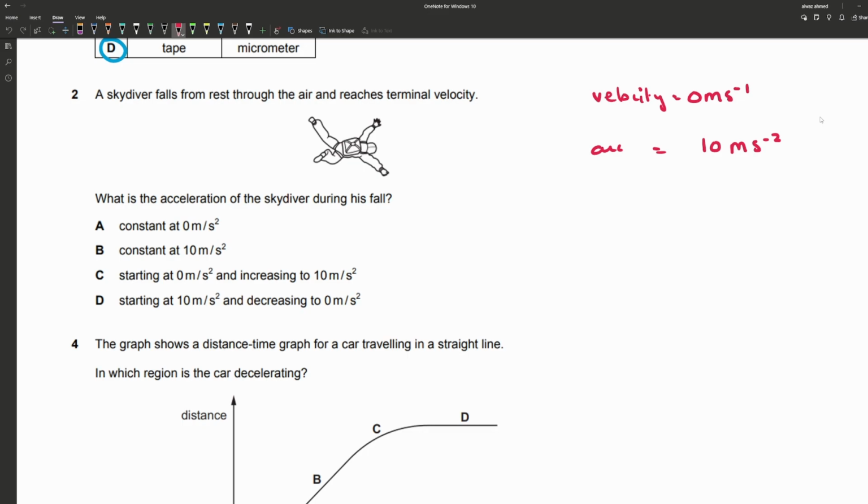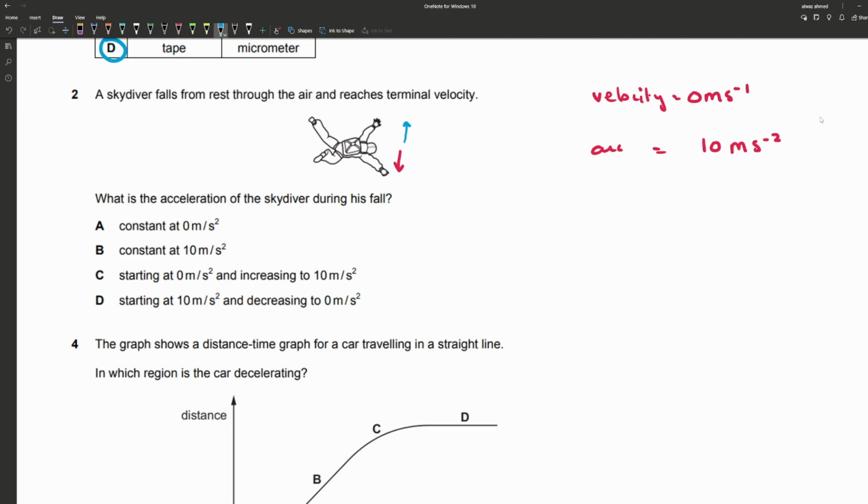So after starting, due to this acceleration, his velocity starts to increase, and as his velocity increases, so does the air resistance against the skydiver. So for example, the gravitational force is in the downward direction. As his velocity increases, he starts to face air resistance, and the air resistance acts upwards, and as his velocity increases, the air resistance also increases, and there comes a point where the air resistance becomes equal to the gravitational force pulling him downward.